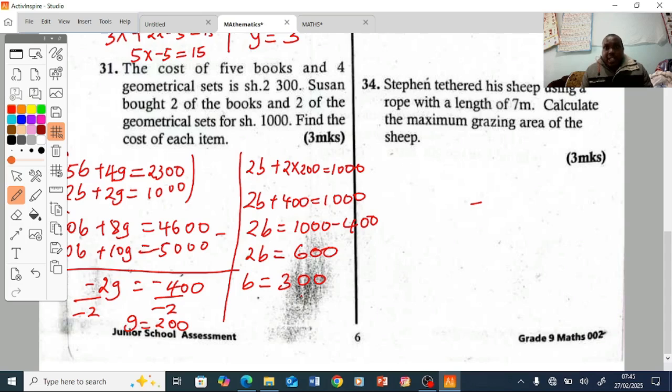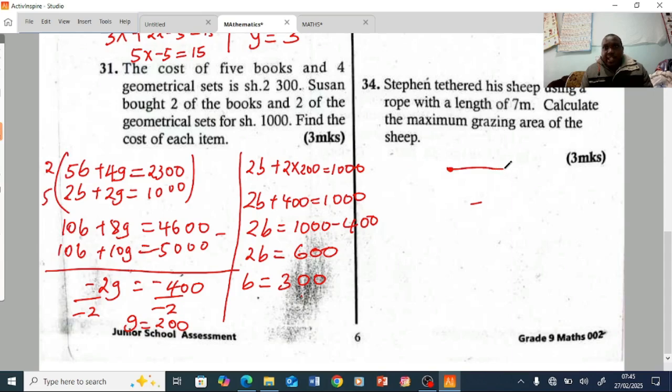Because if you tie a sheep here, and this is the rope, which is 7 meters, then this is the sheep. So the sheep will be grazing this way. So it will form a circle, the radius is 7.